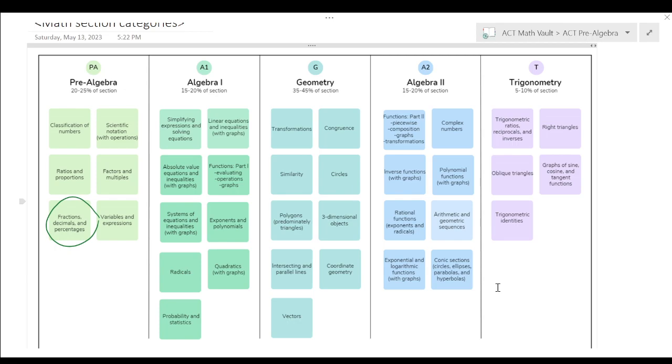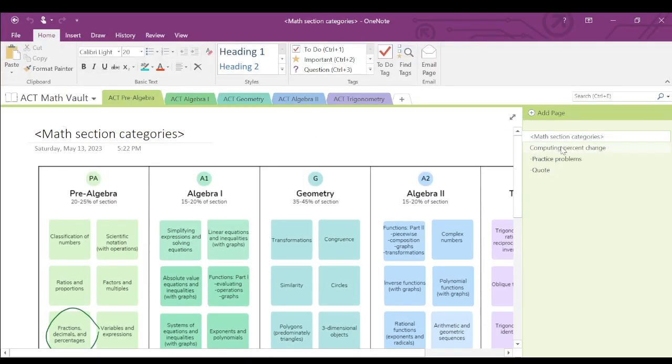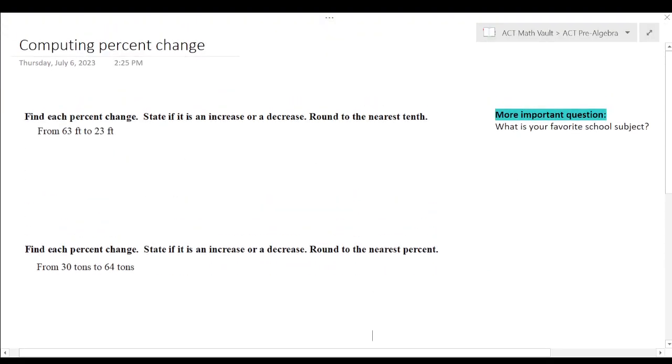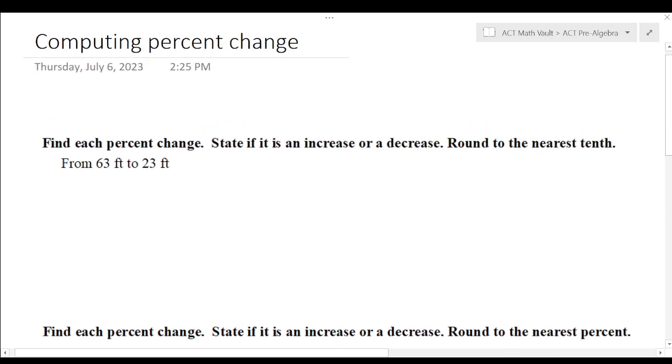You'll want to think of not just how do you find a percent, but what are the applications of percentages. So here's one of them.